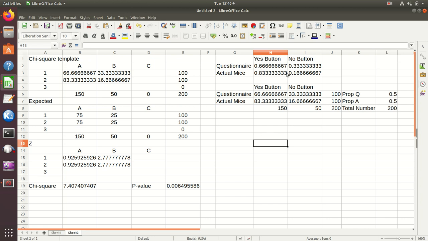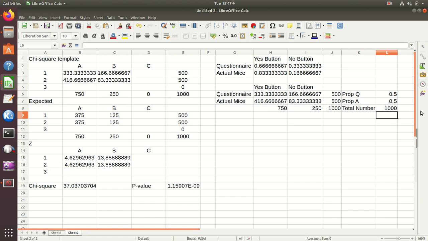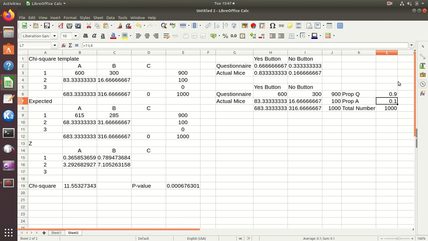So we can change these numbers over here. You know, I could take this up to 1,000, and with 50-50 now we're down to a really, really tiny p-value, basically 0, 10 to the negative 9th. But again, we could change, oops, not that one, we want to change this one. Say that was 90%, and only 10% did the actual mice. What happens then? Well, it's a much bigger p-value, but it's still very tiny.